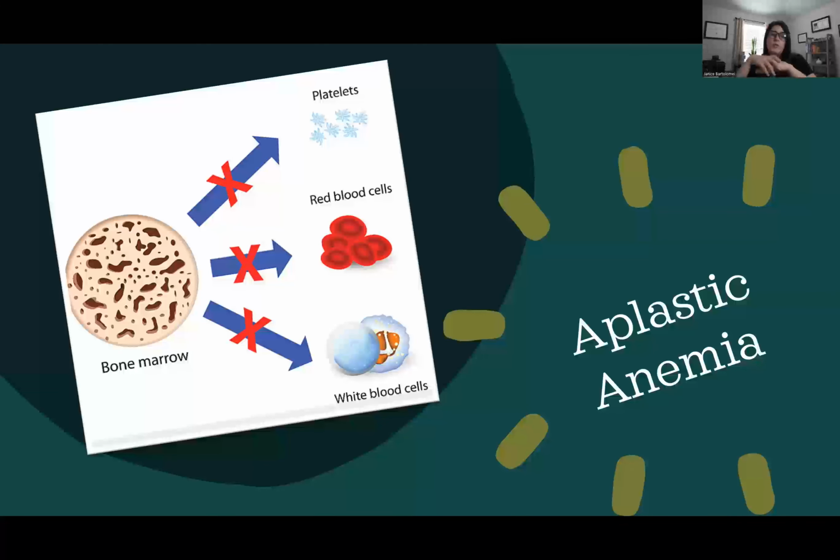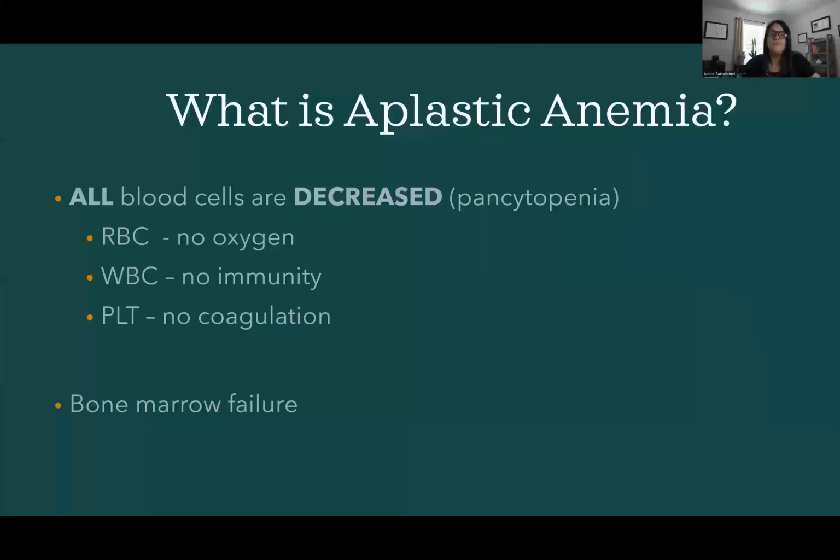Now, but then on top of it, you don't have platelets. Platelets stick to each other to prevent bleeding. And so if we don't have platelets, we can bleed. And then if we don't have white blood cells protecting us from the immune system, we can develop infections. So I hadn't even explained to you what aplastic anemia is, and you probably could figure it out.